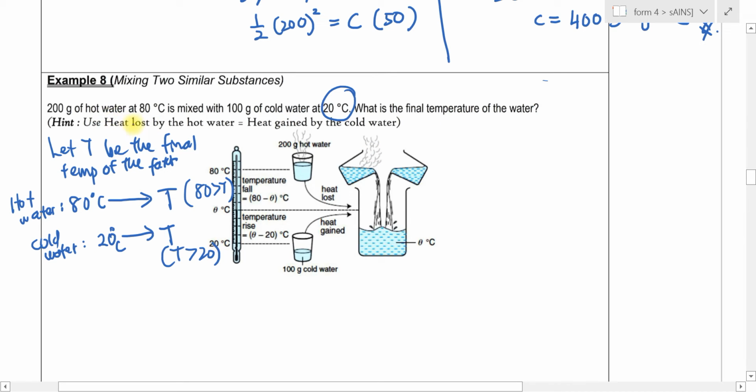So hint, use the heat loss by the hot water is equal to heat gain by the cold water. Dah tahu kan method dia. Q, heat energy lost by hot water is equal to Q absorbed by cold water.